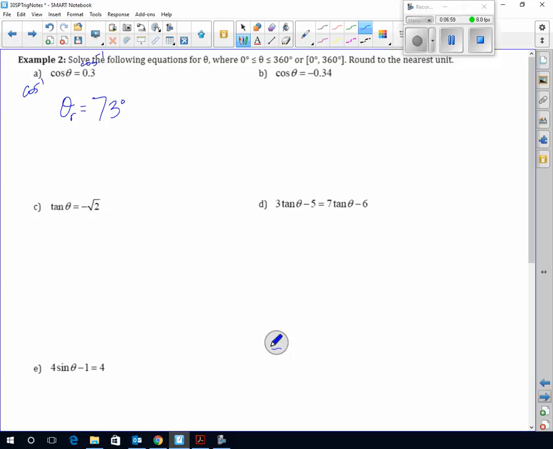Cos is positive in 1 and 4, right? So what's the angle in quadrant 1? 73 degrees. Because the angle is the reference angle in the first quadrant. And what about the fourth quadrant? 287. Very good.